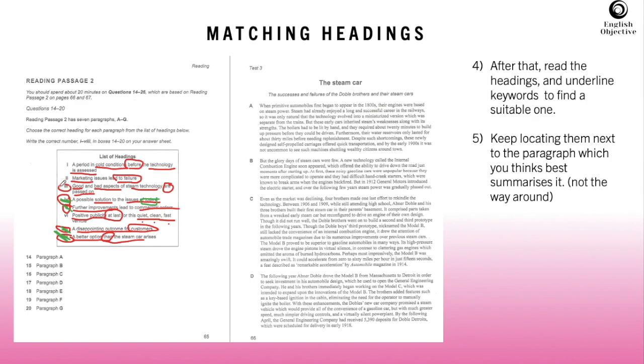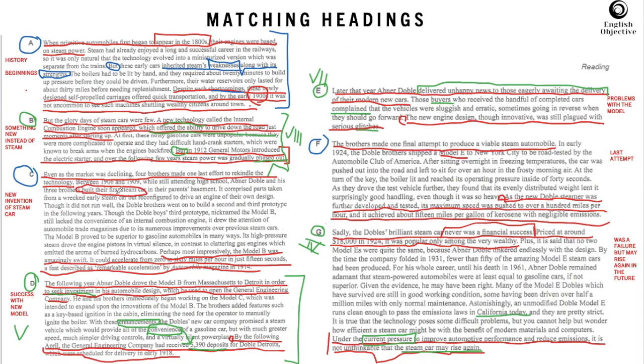So, yes, I do have number 3 that speaks about good and bad aspects of steam technology, and they're passed on. So, passed on means basically inherited. I'm going to say that paragraph A is number 3. The heading that best summarizes it.